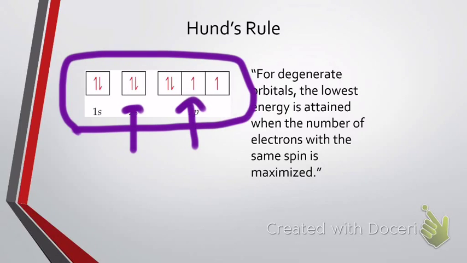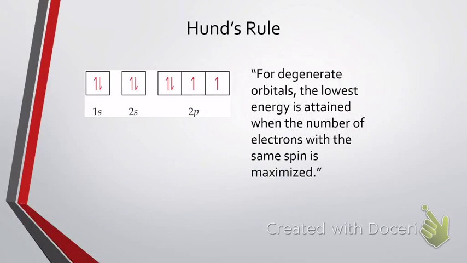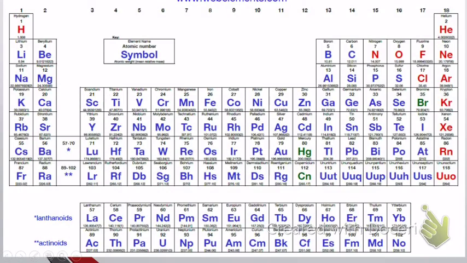So let's do another example of filling out the energy orbitals. Let's go with phosphorus.